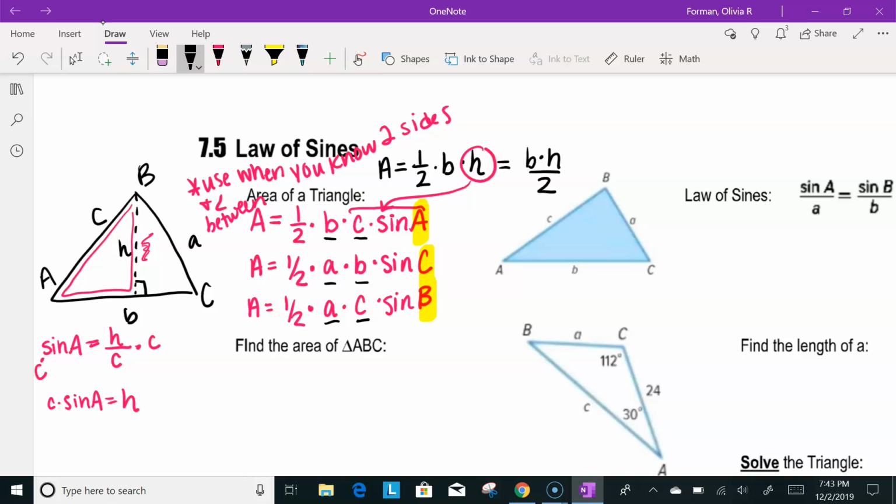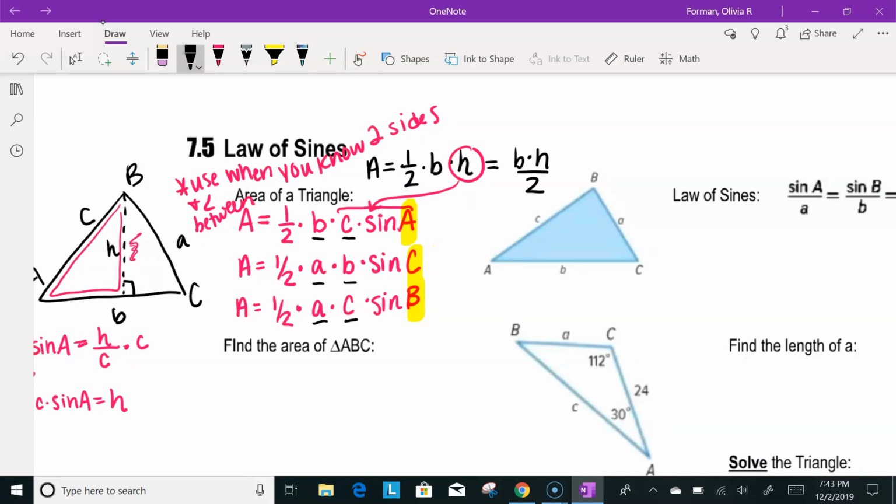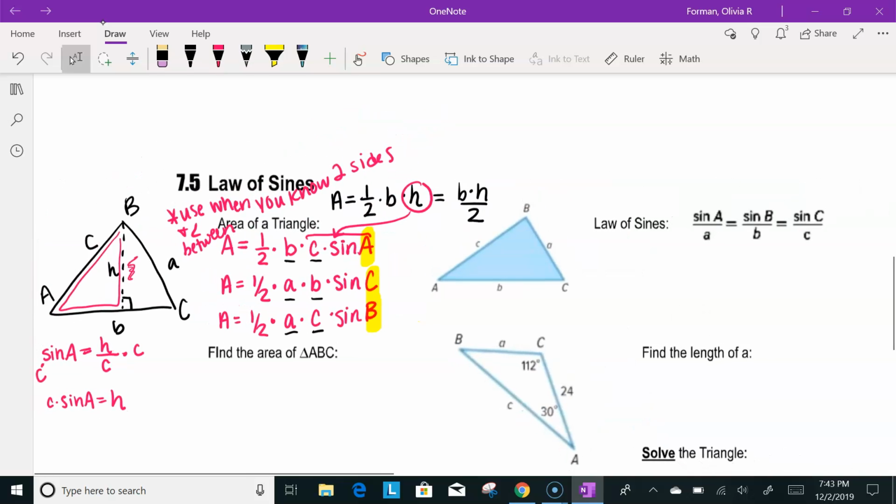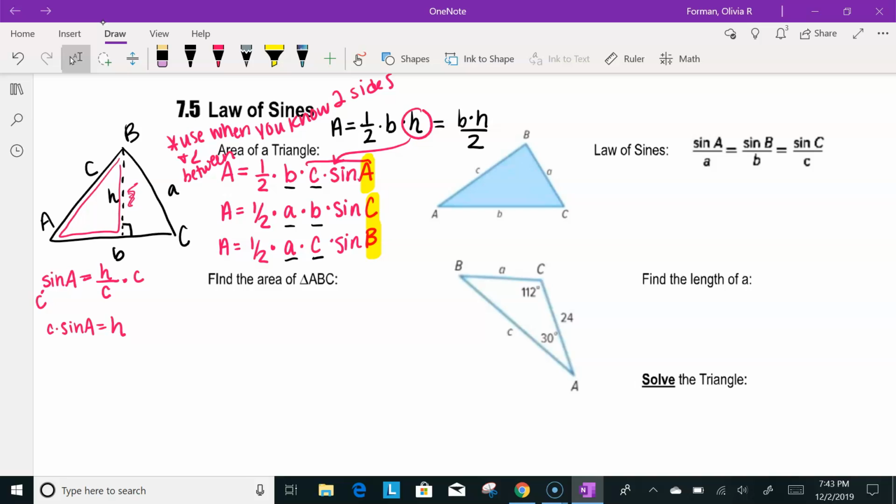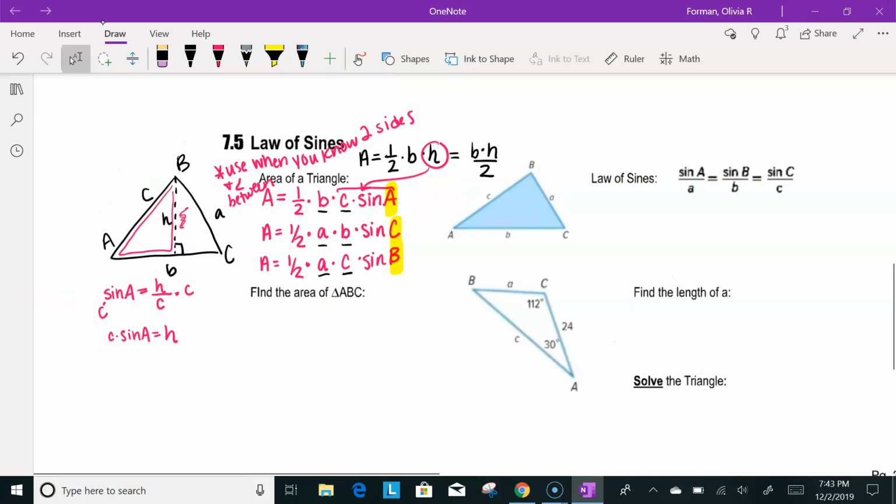Okay, so that's the first thing, is that we can use that 1/2 times B times C times sine of A to find an area.